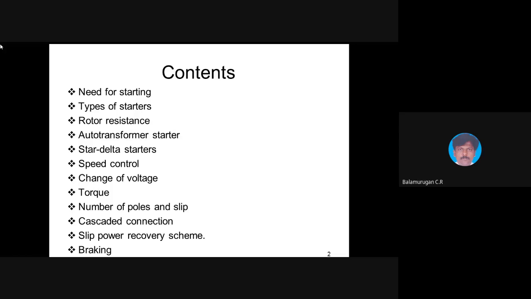If you apply full voltage, maximum current will flow in the rotor circuit because the rotor is short circuited. If you apply a reduced voltage, the short circuit current produced in the rotor circuit will be very small, because the rotor current depends upon the input supply.